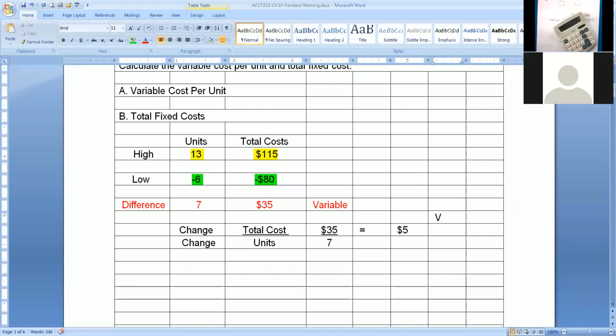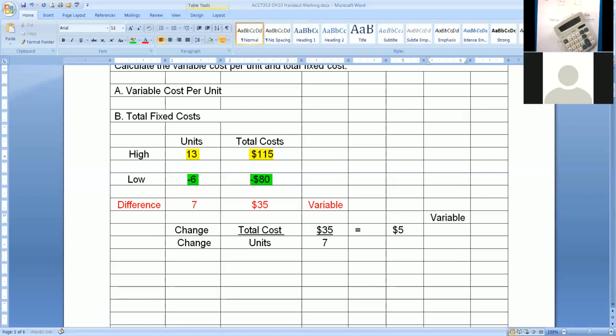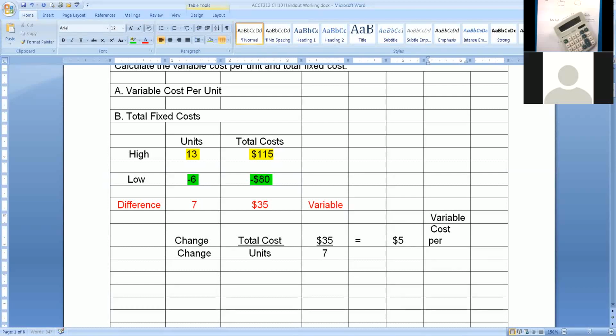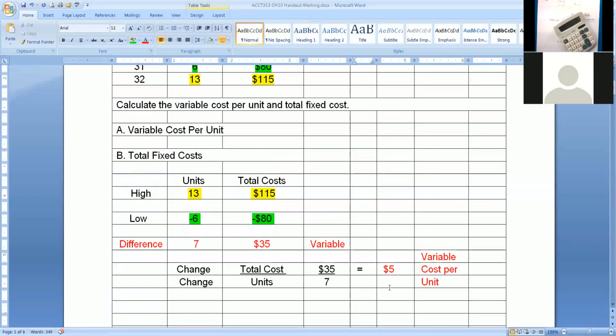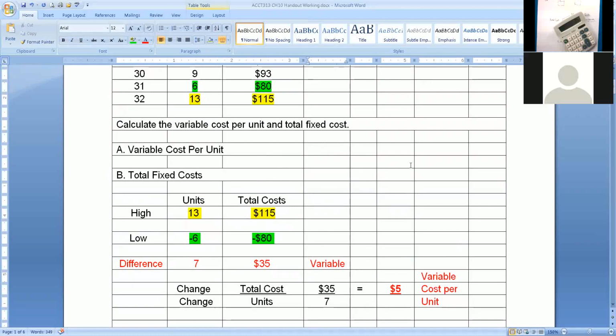So this will be the variable cost. Okay, so the variable cost per unit is $5. So we're halfway there.